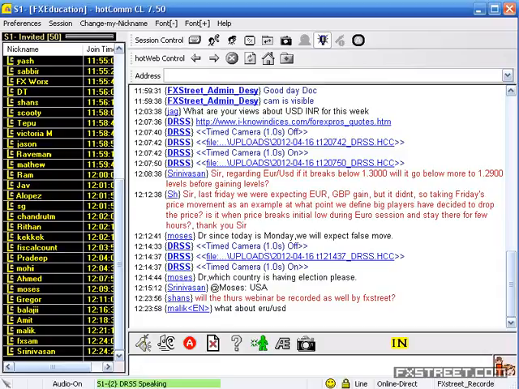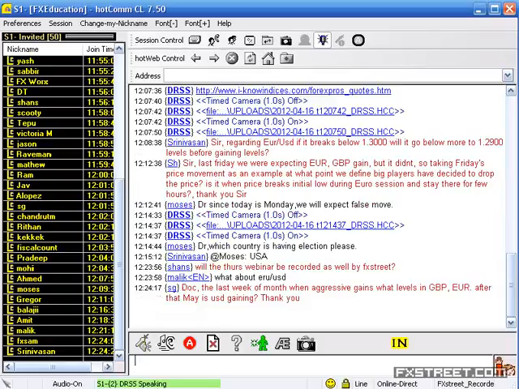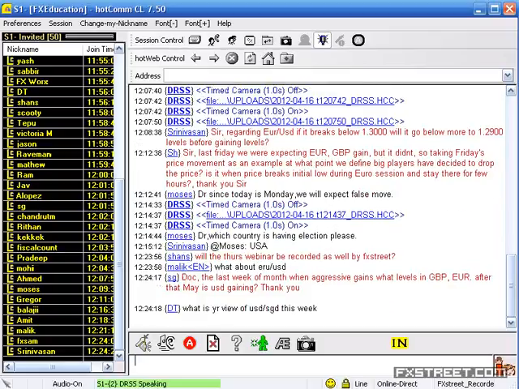Srinivas asks: regarding Euro USD, if it breaks below 1.300, will it go lower to 1.29 levels before gaining? See, there are two conditions. One, they can just go below 1.30 in order to hit the stops.